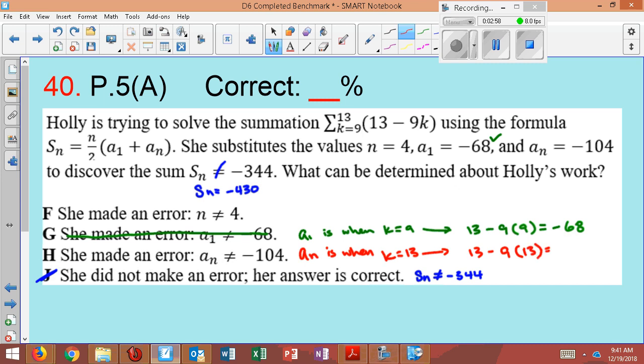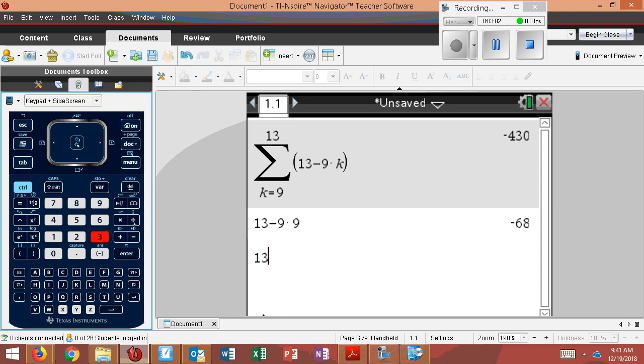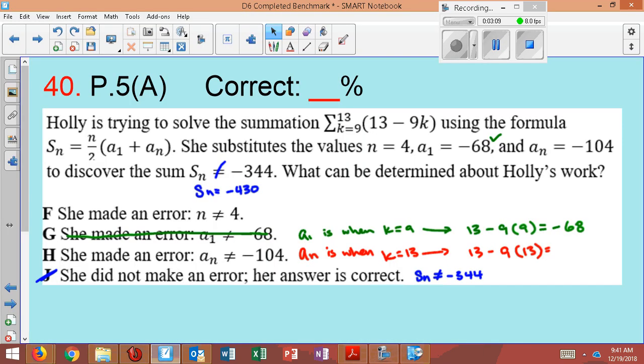Let's see what that equals: negative 104. Here it's saying that a sub n does not equal negative 104. It does. So that's not it either, which means by process of elimination, F has got to be the true answer here.